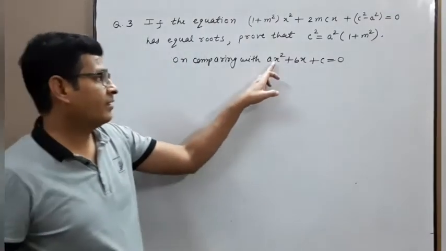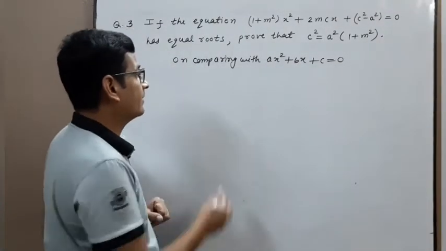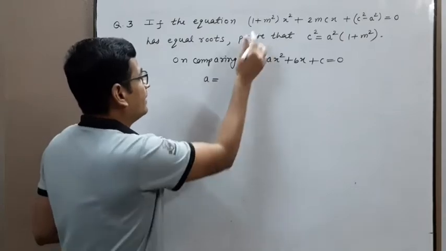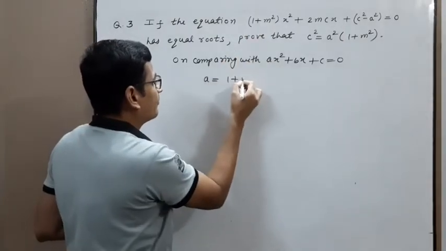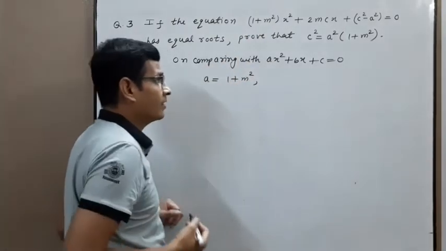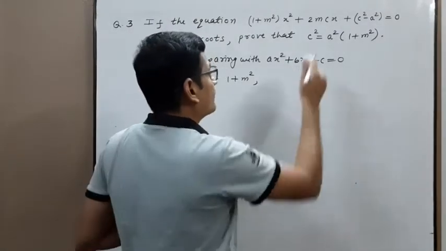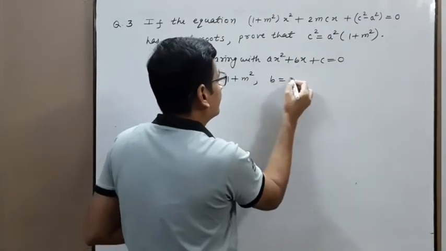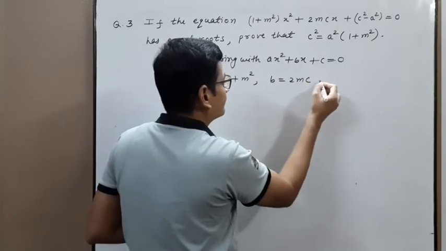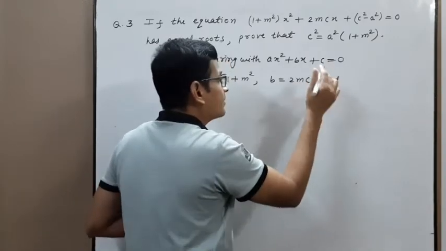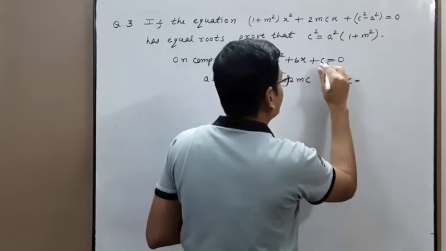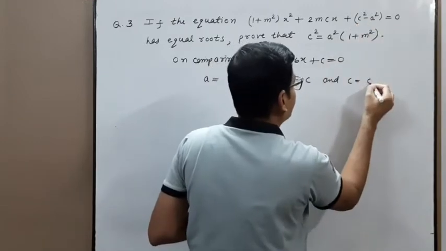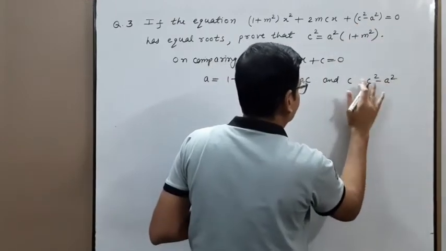Compare the coefficient of x square: the value of a is 1 plus m square. b equal to the coefficient of x, 2mc, and the constant term c is actually c square minus a square.